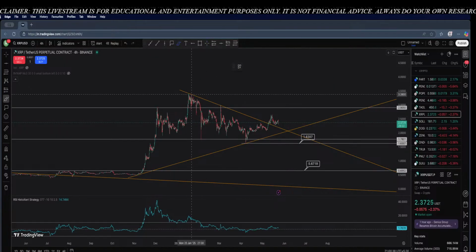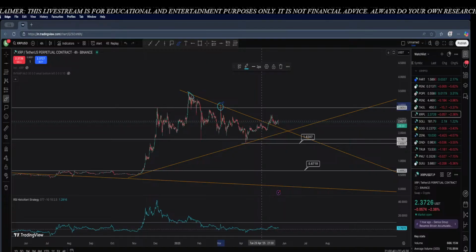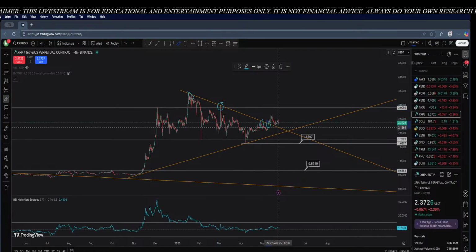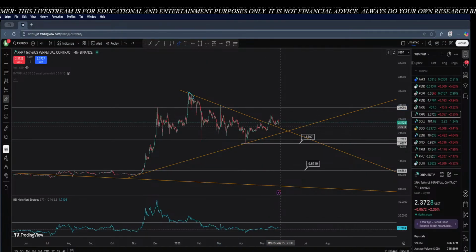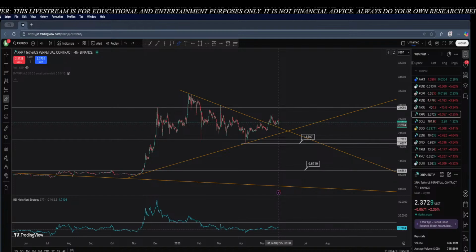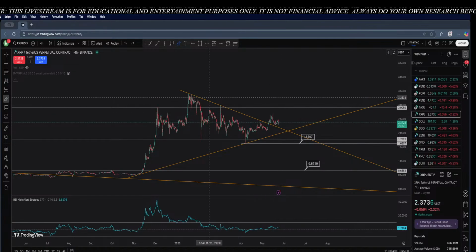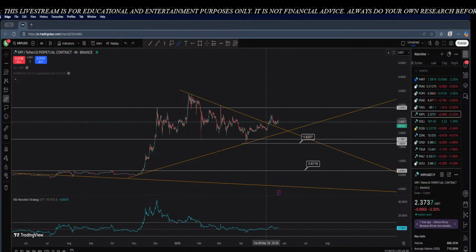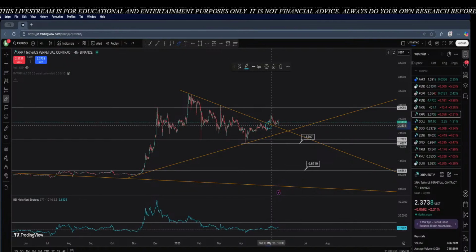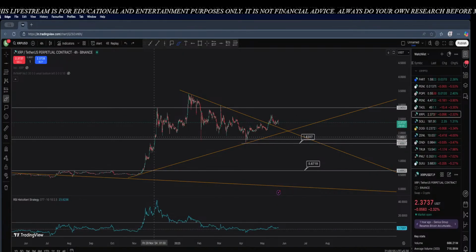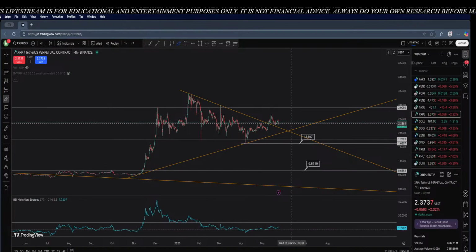Also, we are now breaking out of XRP's downtrend. So that's an additional confirmation. I feel like all the altcoins are doing that pretty much, breaking out from the downtrends that they've been in for the past month or so.